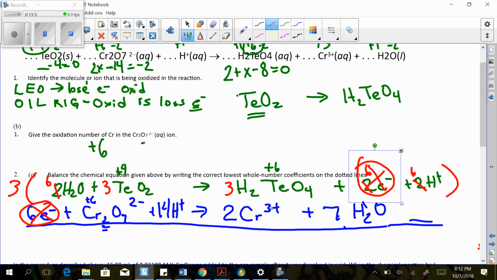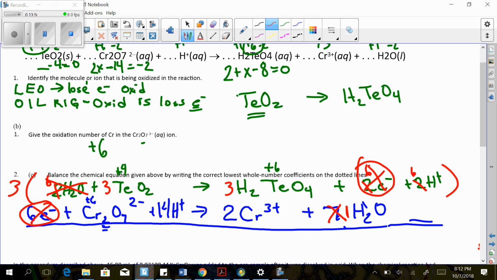I'm going to cancel like things. If it's the same on both sides, I can cancel. So if I look at this, I'm going to look at the waters first. I have 6 waters right here. On the other side, I have 7. So these 6 waters cancel and leave me just 1 water left.